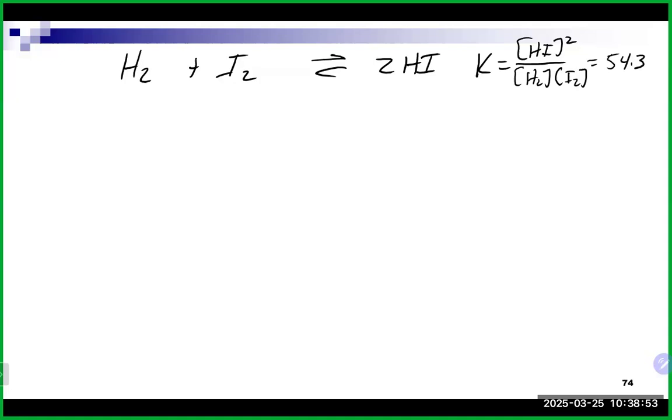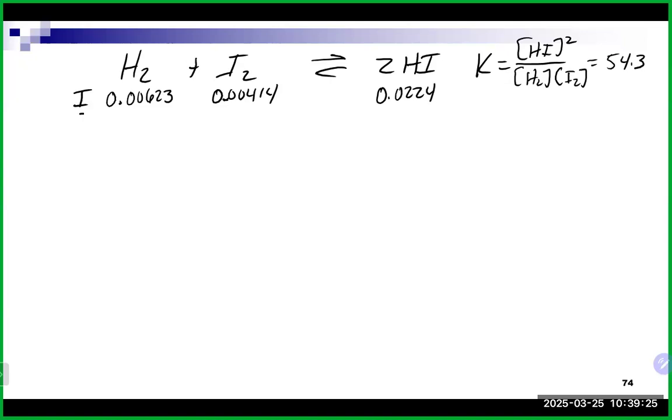So popping in our numbers here, initially 0.00623, 0.00414. And also different than some of the problems we did before, we actually do have an initial concentration here of our product, which is 0.0224. So again, a little bit different. We actually do have a value on all of our initial ones.